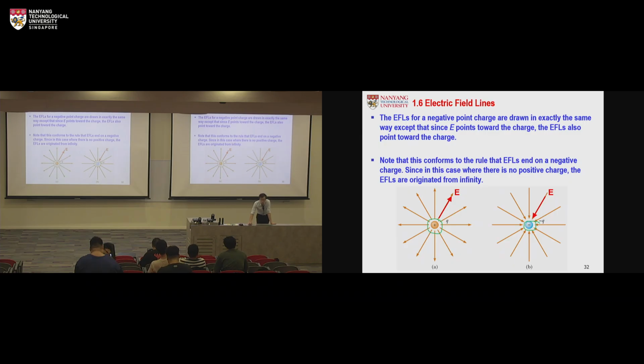You can see for a positive charge, the lines must point away from the charge, while for a negative charge, they must point into the charge, right? And the electrical field lines should be uniform. So those electrical field lines should be uniformly distributed around this source charge. And this is the case of 1 point charge.